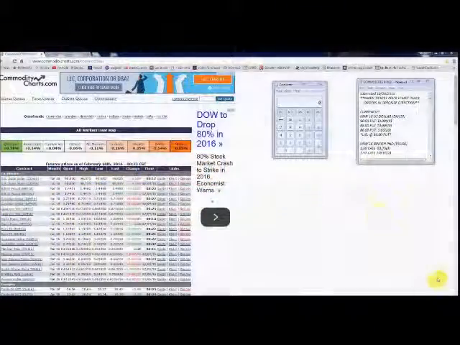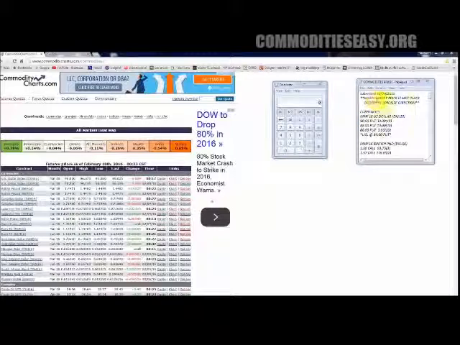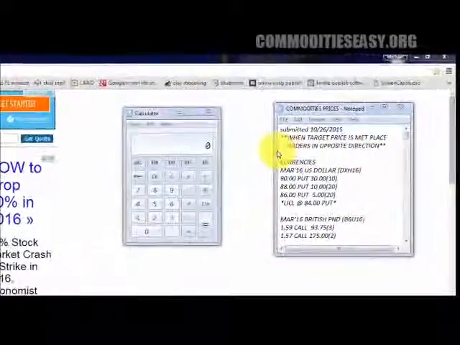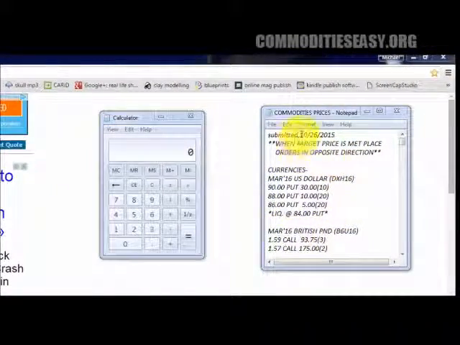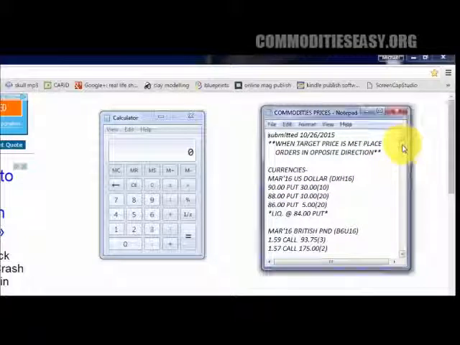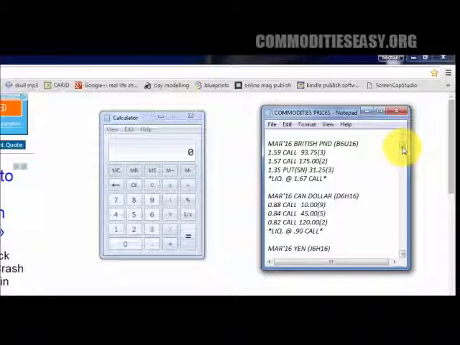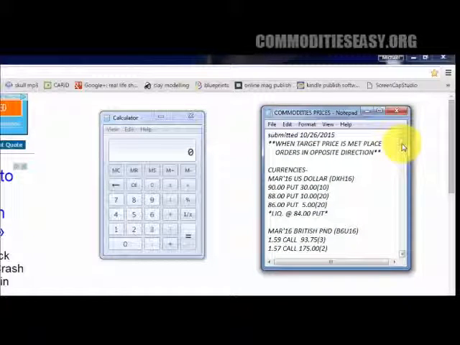All right. So first here we got our current commodity strike prices that I did back in September. I had them down for March, and since it's February now and March is coming due, we got to get new strike prices.